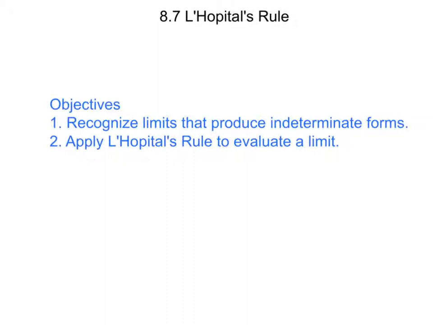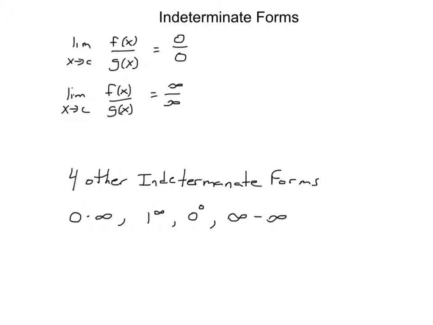Now, earlier this year, we did talk about indeterminate forms when we looked at limits, and it really came about when we were finding the derivative, and we came up with the definition of a derivative. Indeterminate forms are limits that come out to be 0 over 0 or infinity over infinity.